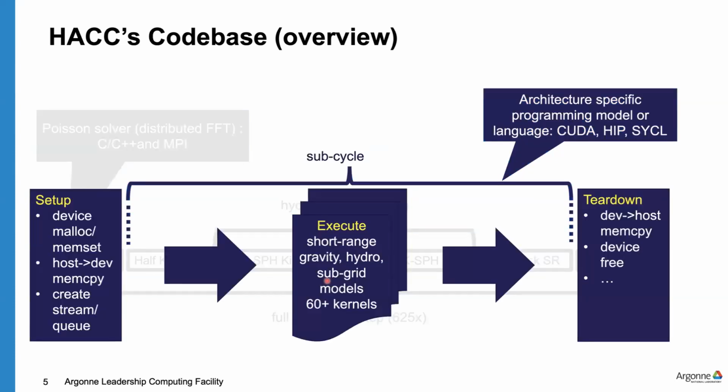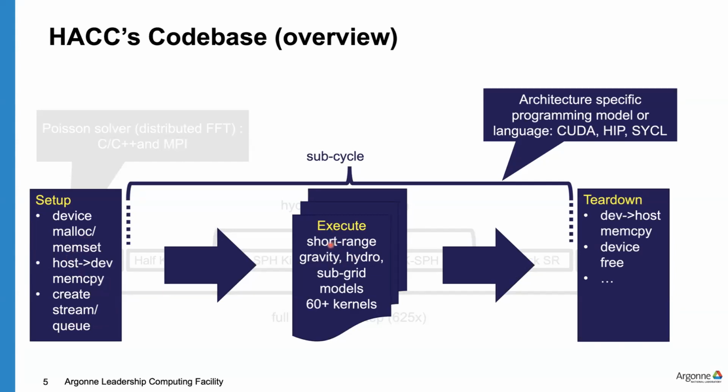A picture that's closer to the way the code actually executes is that within each subcycle, there's basically a setup, an execution, and a teardown phase. In the setup phase, we're allocating memory on the device, doing host-to-device memory copies, and creating streams.